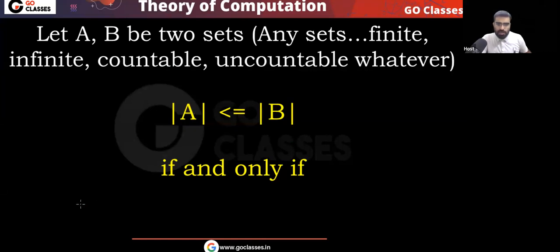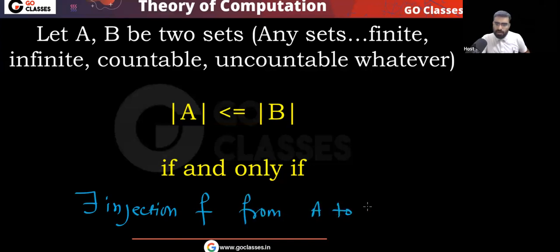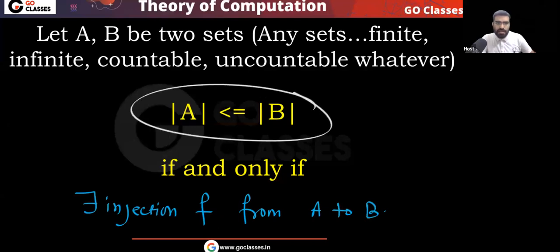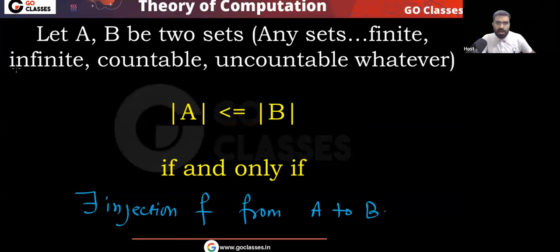So this will happen if and only if there exists an injective function F from A to B. Very simple. There must exist an injective function from A to B. Then you can say that set A's cardinality is less than or equal to set B's cardinality.